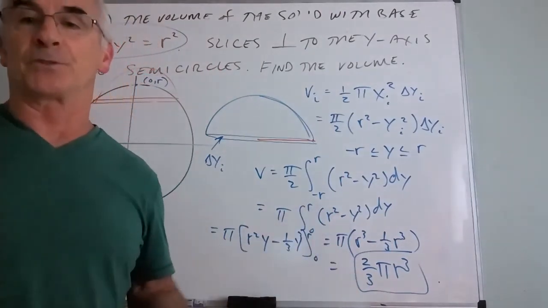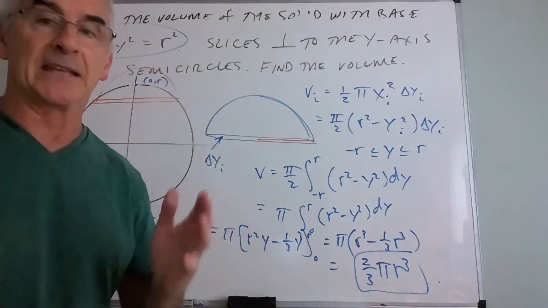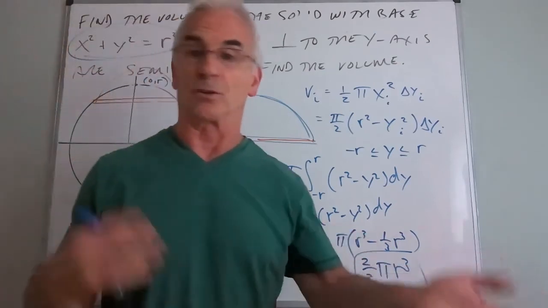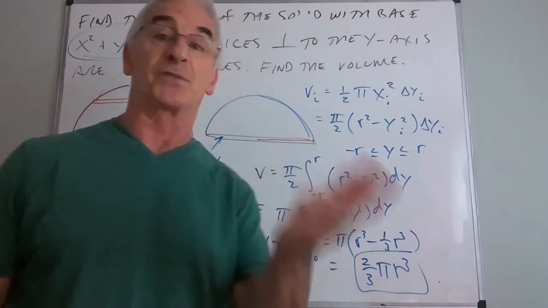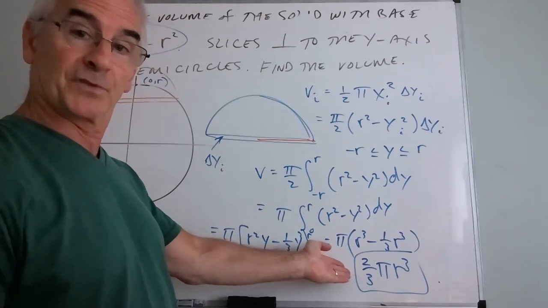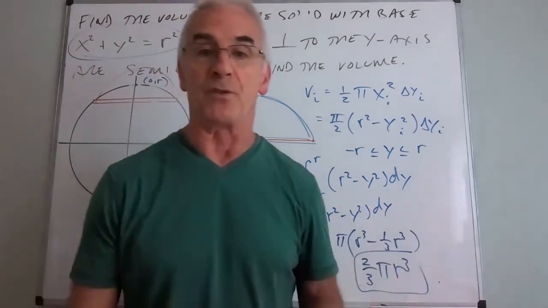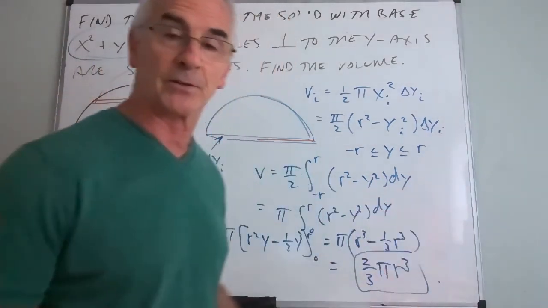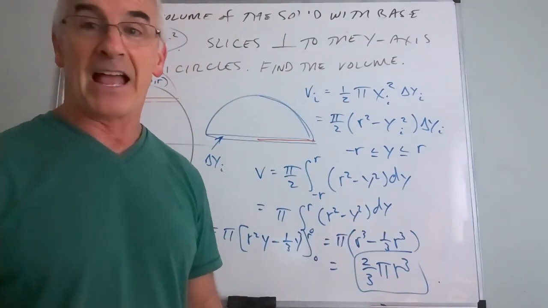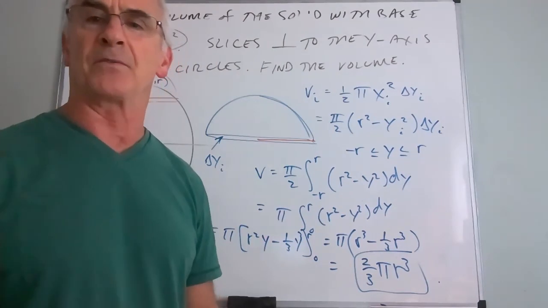Now, here's what's very interesting about this, and I always have fun with this. In calculus, we can find the volume of a circular cylinder. We can find the volume of a sphere. We just found the volume of half a sphere, so the whole sphere would be double this. We can find all sorts of volumes of geometric shapes using calculus.